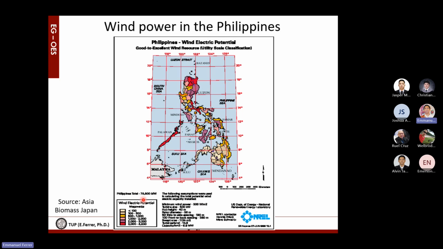Pero again, hindi lahat ng areas ay suitable for wind farms, suitable for wind energy. For example sa Mindanao, medyo mababa talaga siya. Mindanao will be suitable for maybe solar farms and other technologies, but not wind power, no.